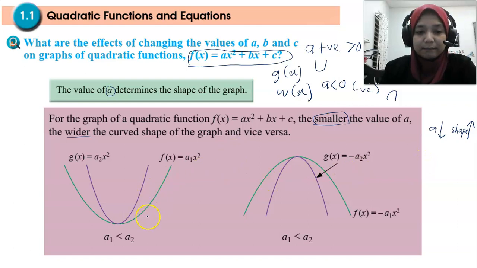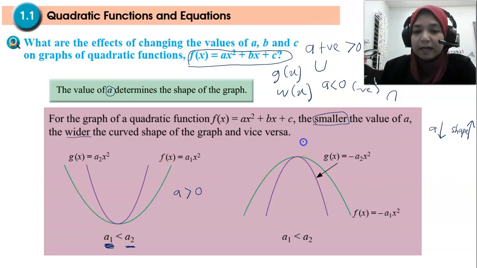Look at one example, when a is greater than 0. If you are given two graphs, the purple is for function g(x) and the green is for f(x). If you compare these two graphs, a1 for green is less than a2, since a1 has the smaller value than a2, a1 has the wider shape of graph.